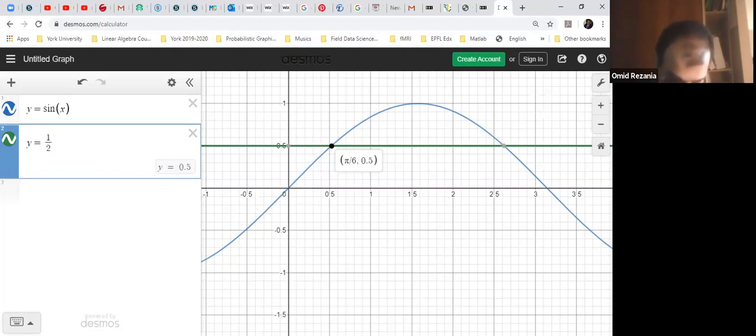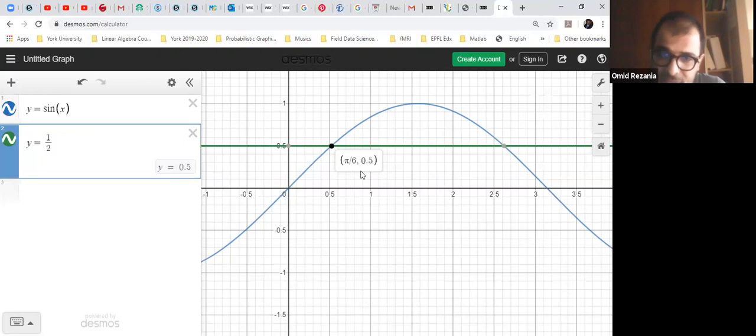From the analytic solution, I had to inverse the function, then move forward and transform it back, and it gives me pi over 6. And the geometric representation also gives me pi over 6.